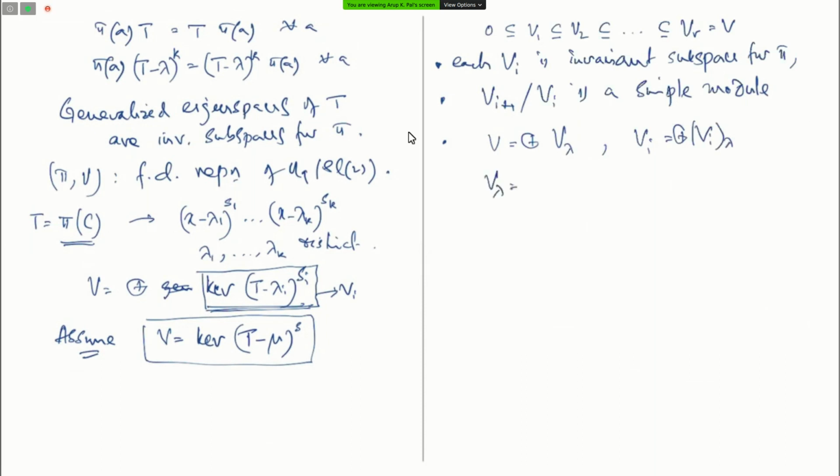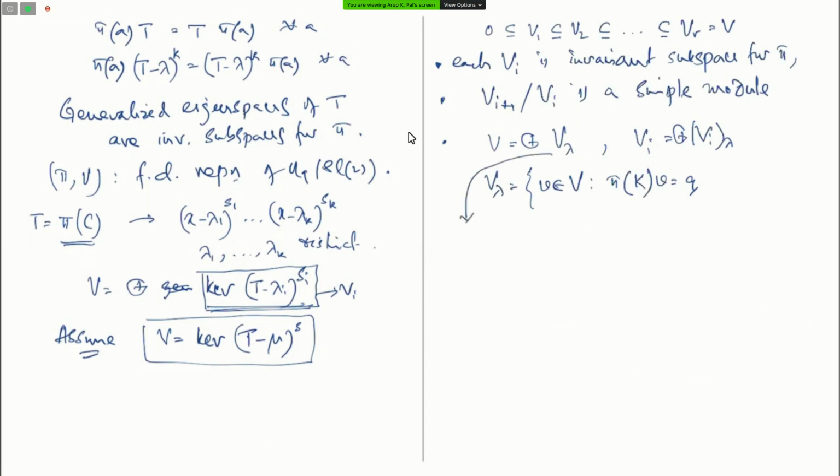V_lambda consists of all those vectors for which the eigenvalue is mu. But that is the eigenvalue of what? That is the eigenvalue of C, and this is K.